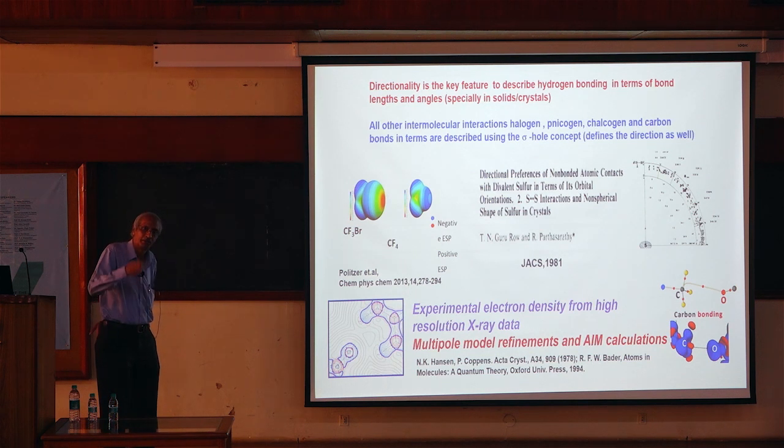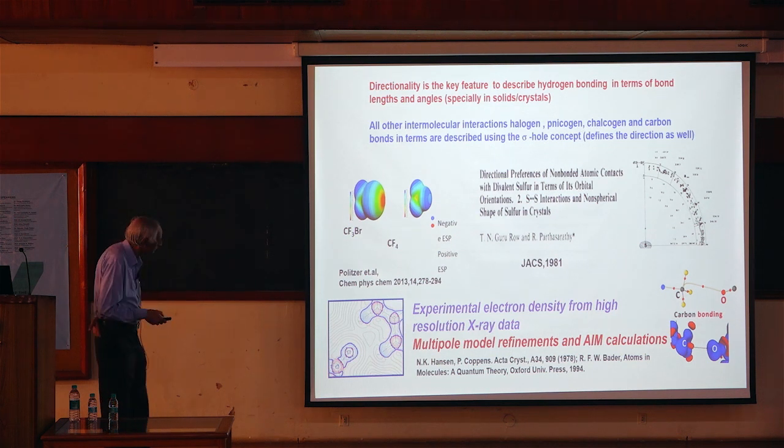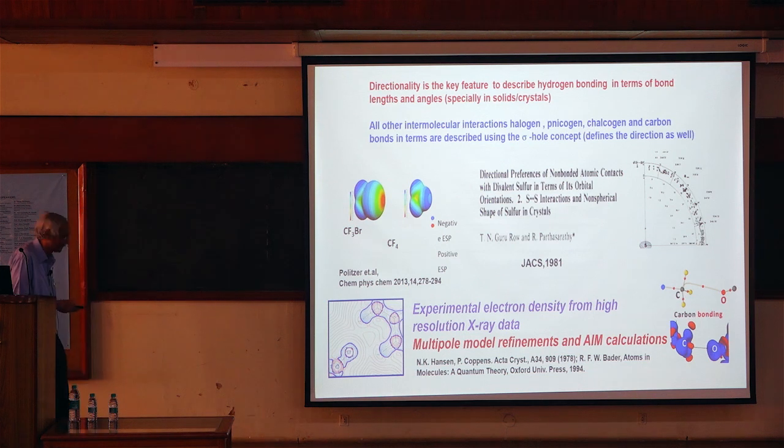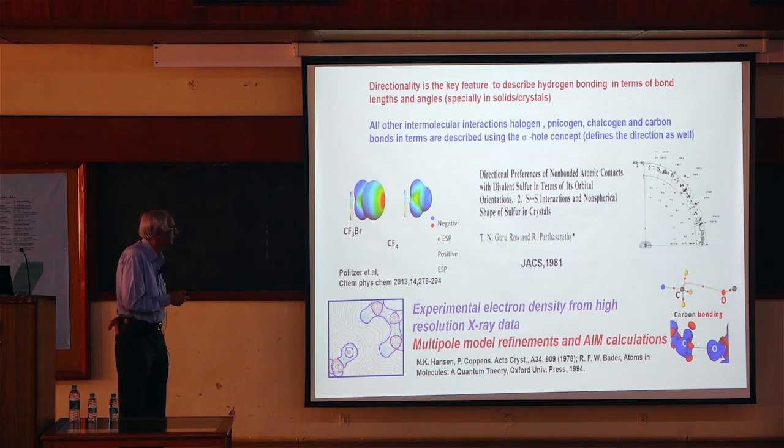So, whenever you have a critical point of this kind, you could generally call it a bond. It could be a strong, in case of covalent bonds, it will be fairly well described. So, essentially this tells us that the hydrogen bonding and the so-called non-covalent bonding associated with halogen, pnicogen, etc., they are all directional.